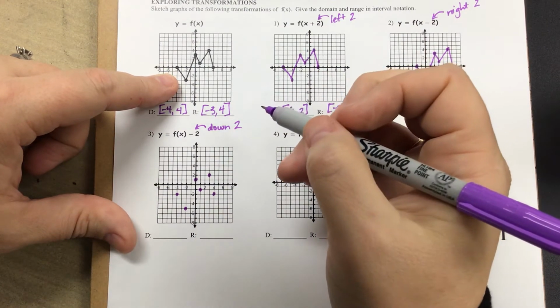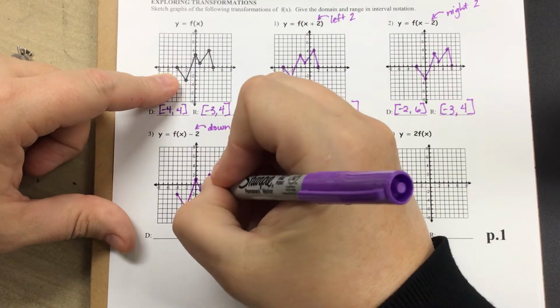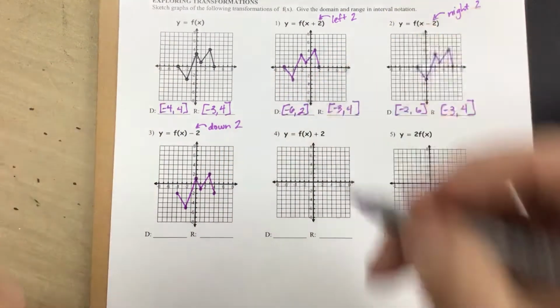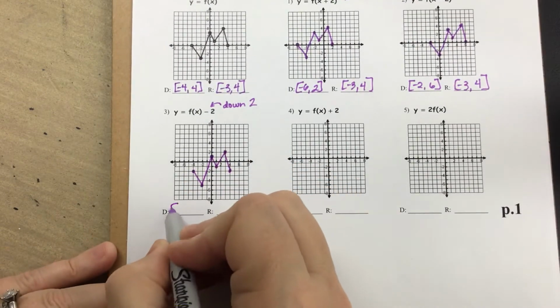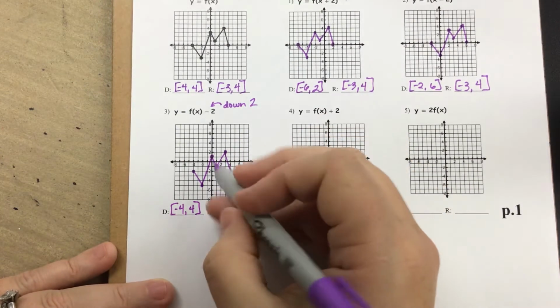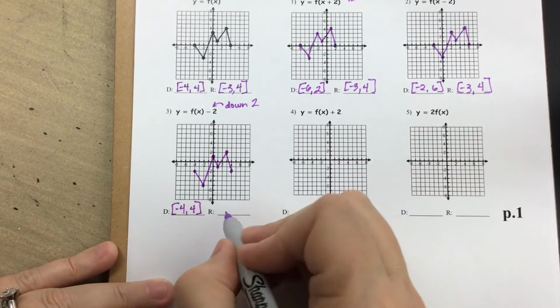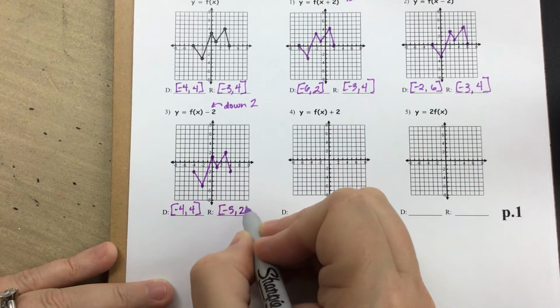Voila, there's my graph. If I connect it, notice it did not change shape or size, it just changed where it was located. My domain is still going from -4 to 4, and my range, since it dropped down 2, is now going from -5 up to +2.